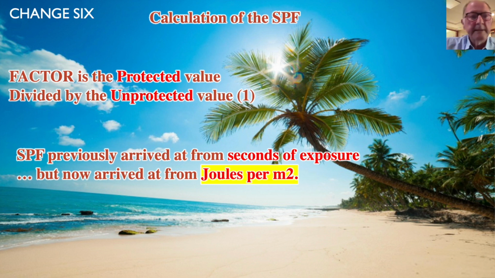So now in this method, we very much defined that you have to measure joules per metre squared. Joules takes into account both time and the intensity of the dose applied to the skin. So this makes comparison between labs much more easy.